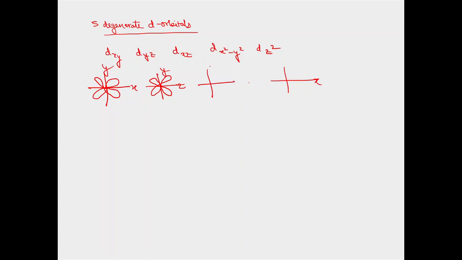And xz will also be between the axes. Whereas for dx square minus y square, if this is the xy plane, the lobes are like this; that is, they lie along the axes. And for dz square, this is the z axis.